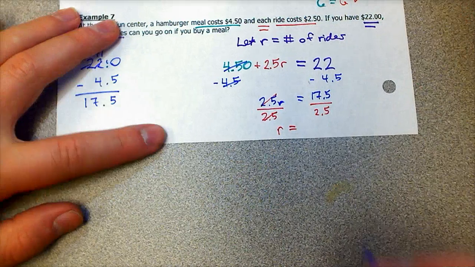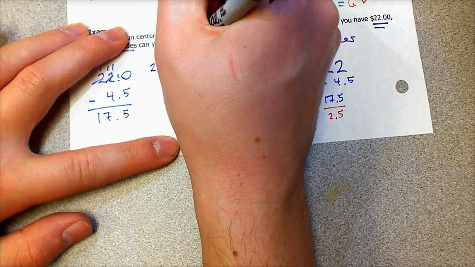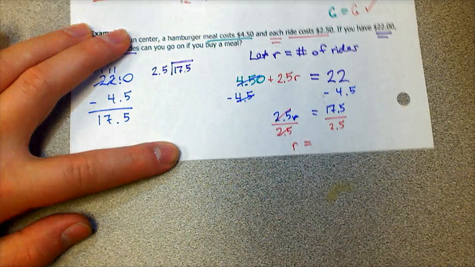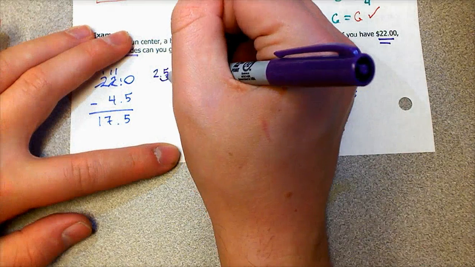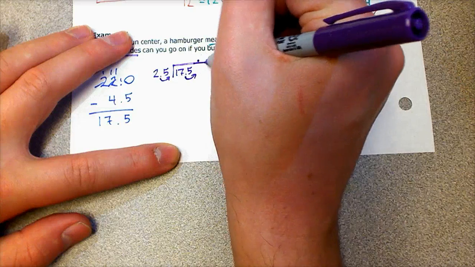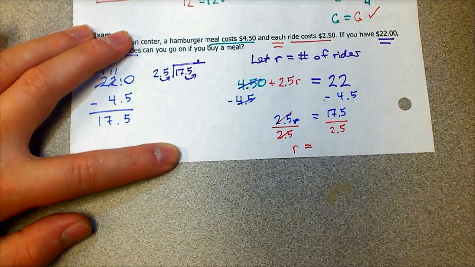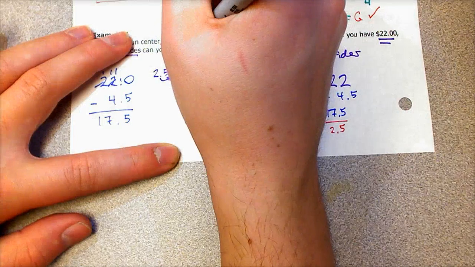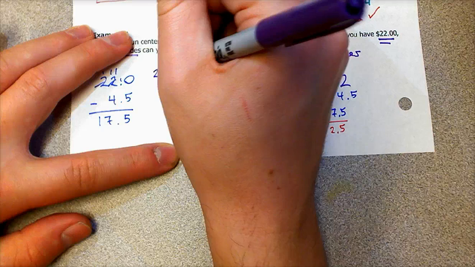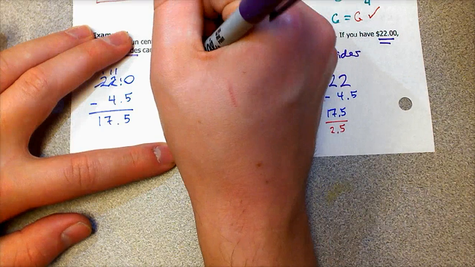So now I can do some long division. I need to move my decimal point over 1, remember, on both the dividend and the divisor. And 25 will go into 175 7 whole times. 7 times 25 should give me 175.